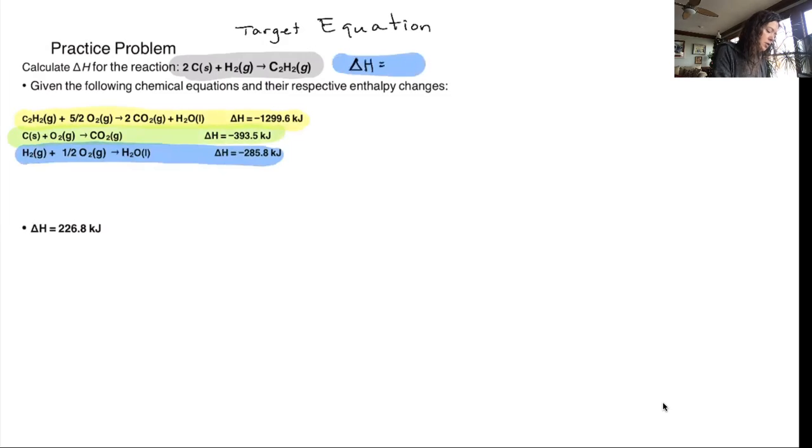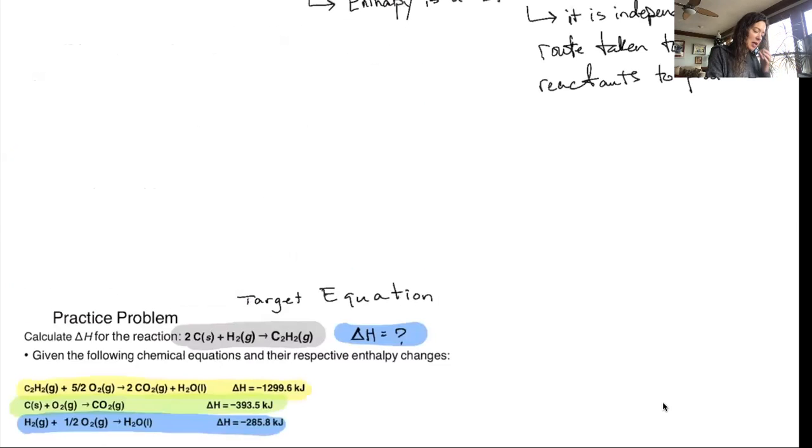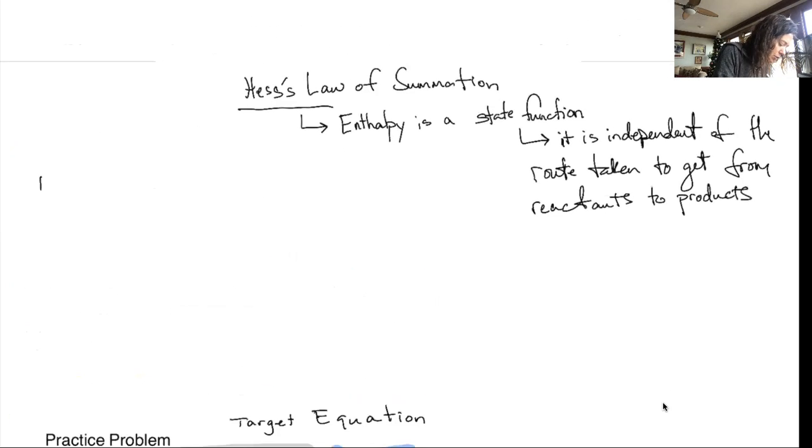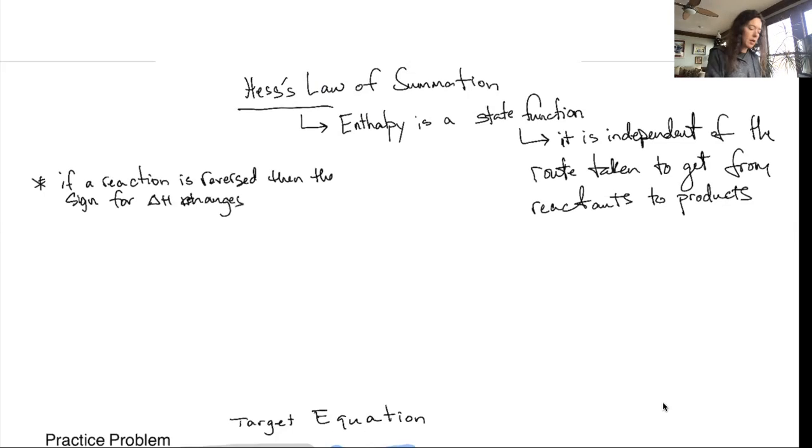Okay. And what I needed to say up here is just two things. If a reaction is reversed, then the sign for delta H changes, because we know delta H for the forward is equal to negative delta H for the reverse.